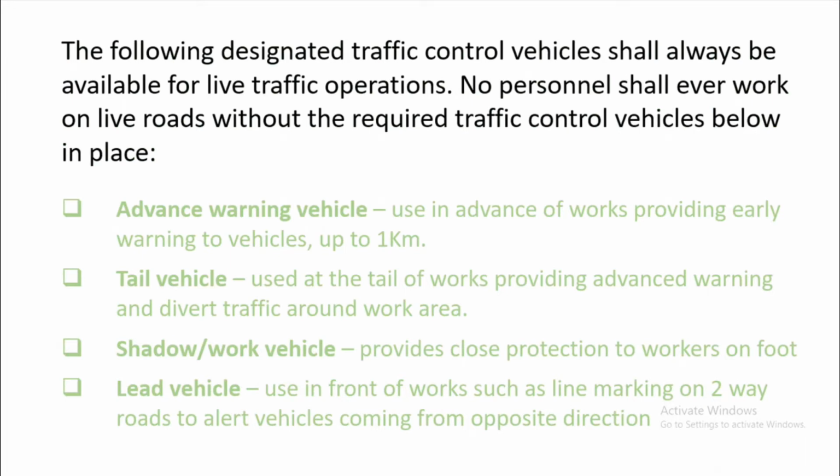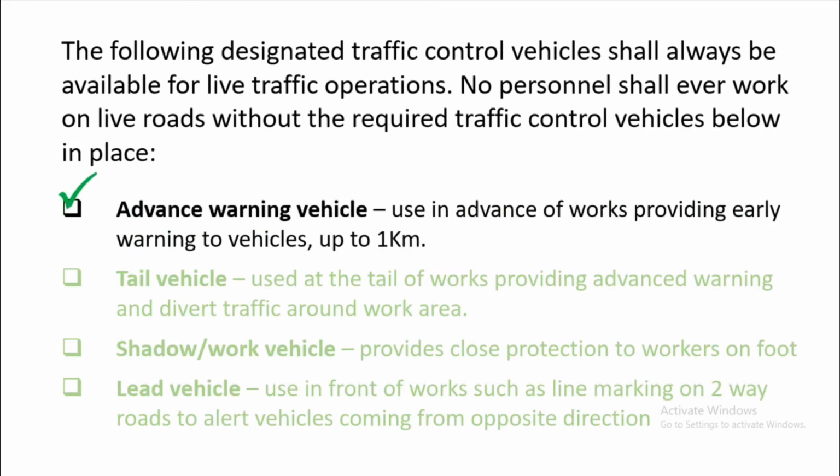No personnel shall ever work on live roads without the required traffic control vehicles in place. Number 1, advance warning vehicles. These are used in advance of works, providing early warning to approaching vehicles up to 1 km.